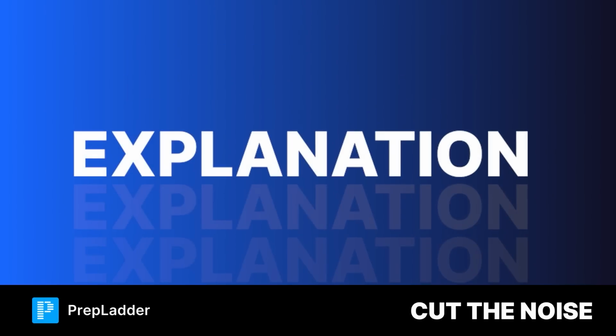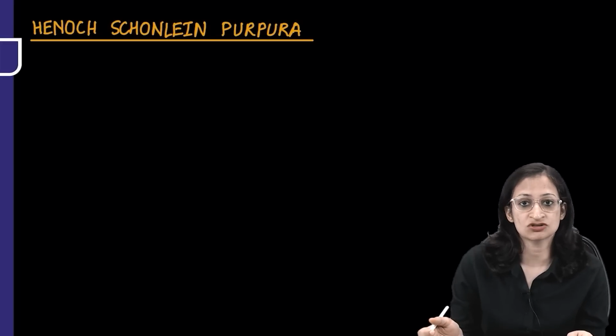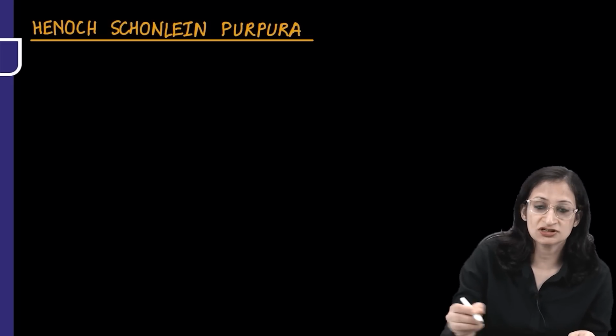Here's the explanation. Henoch-Schönlein purpura is a small vessel vasculitis which is mainly seen in children. It has a diagnostic criteria. What is the diagnostic criteria?